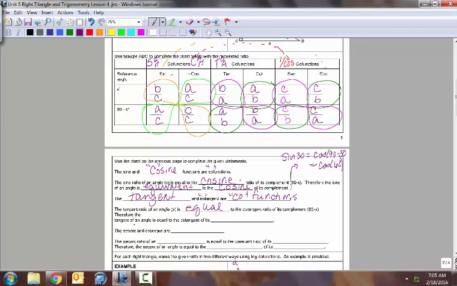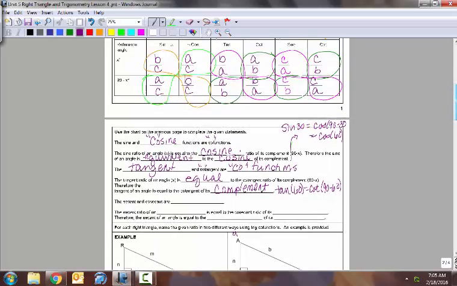Therefore, the tangent of an angle is equal to the cotangent of its complement. So if we wrote that with numbers, we could write the tangent of 60 is equal to the cotangent of 90 minus 60.